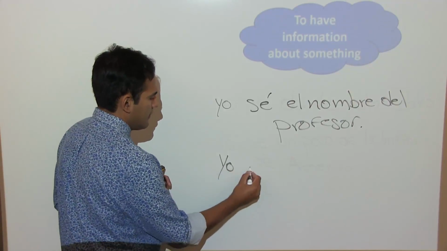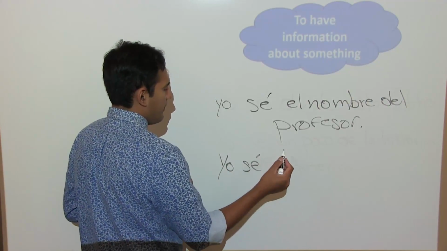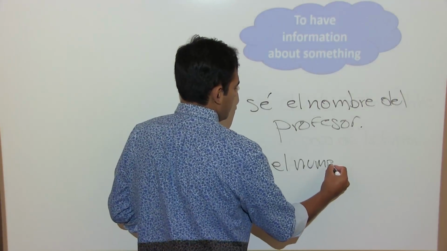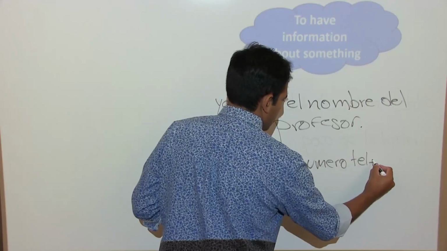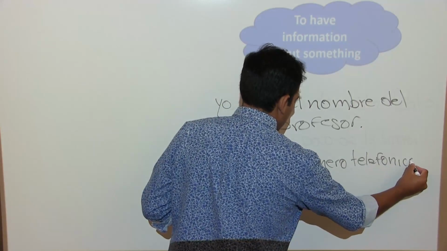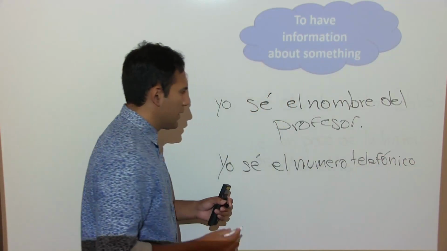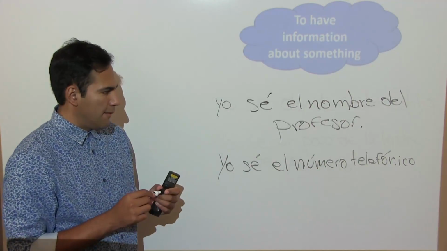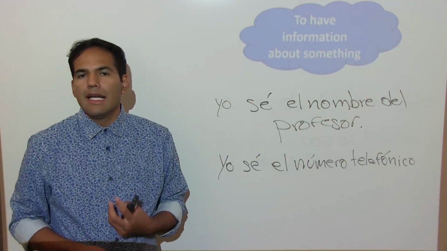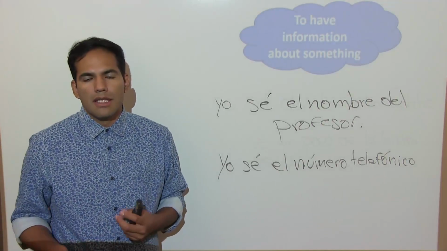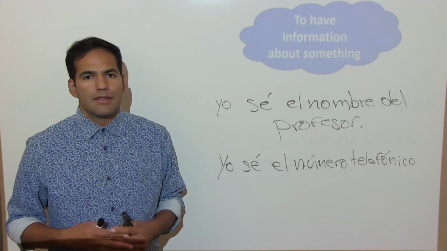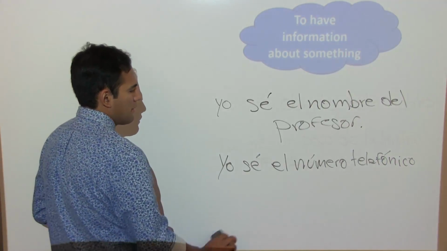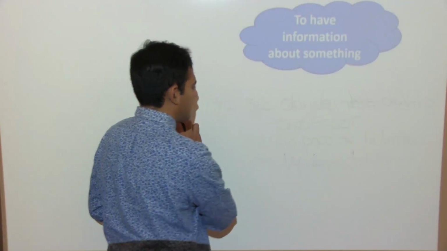Yo sé el número telefónico, etc. So as you can see, it's any type of information you know. Your home address, your email, any type of information that you have. We're always going to use the verb saber.